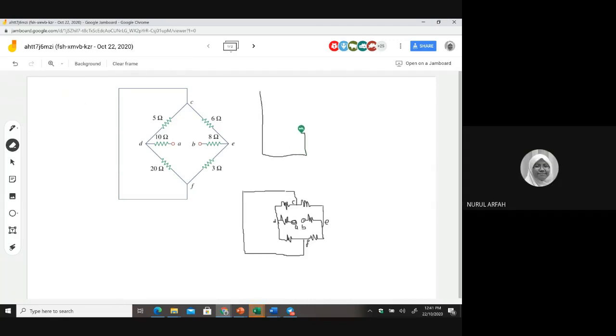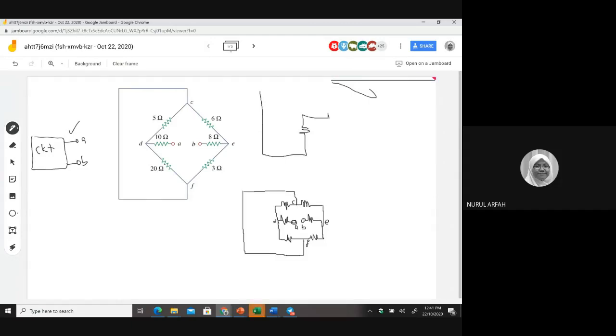Madam, terminal AB means all of the resultant resistor? No. Terminal AB means in any circuit, usually you will have something like this. This is a circuit, and then this is the terminals A and B. So you're going to rearrange so that you will have something like this.